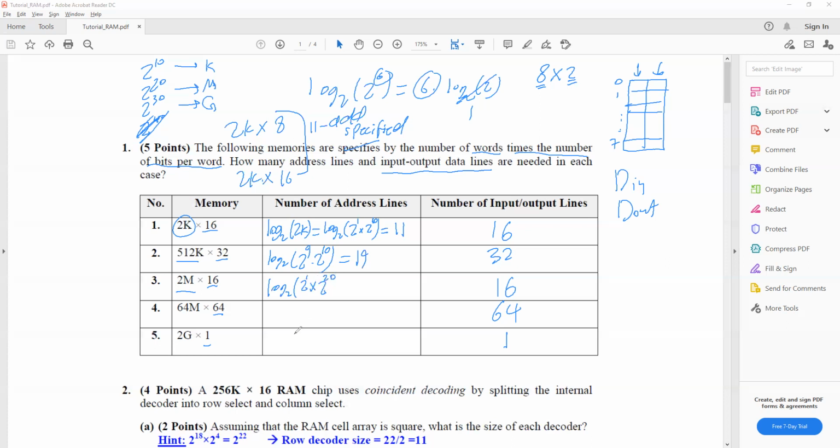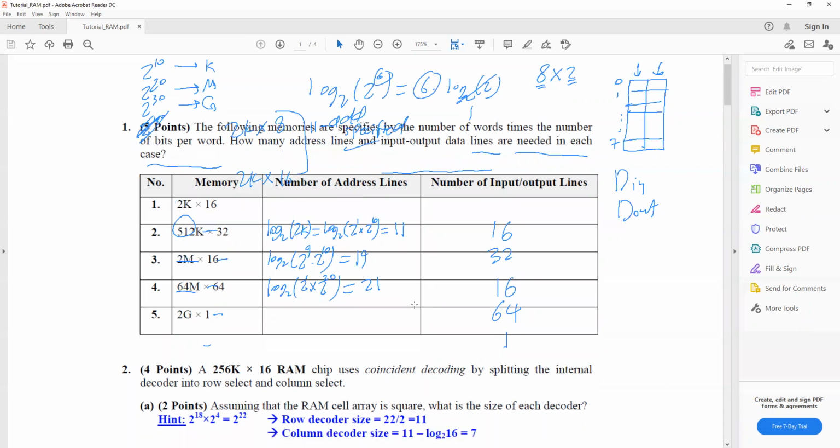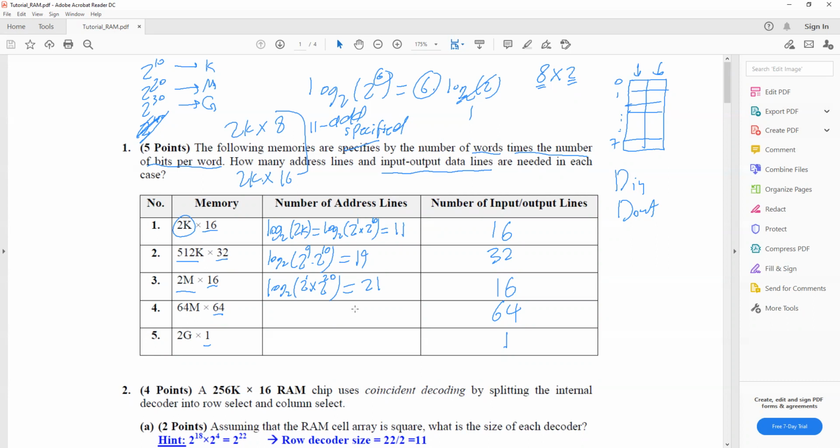So that's 2 to the 1. This is equal to 21. 64 meg.